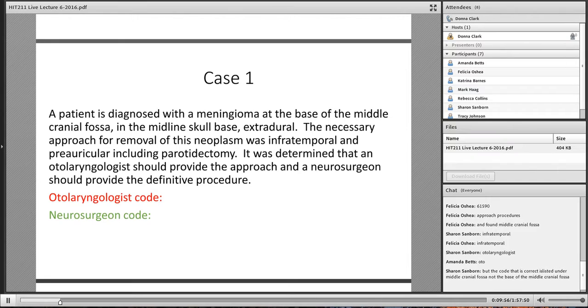But the code that's correct is listed under middle. Let me see what you're looking at. So we went to skull base surgery. Let's see what you're saying. You're saying the correct code is listed not under the base.